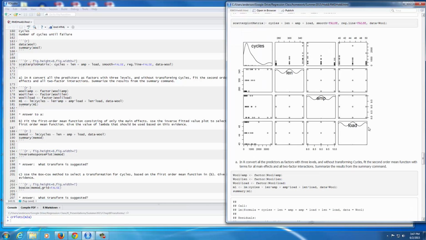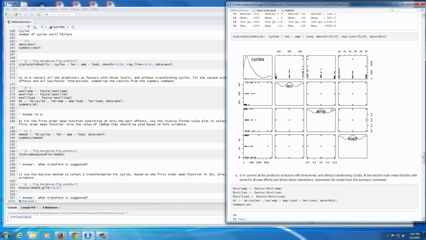And then there are some manufacturing settings called length, amplitude, and load. When you look at the scatter plot matrix of length, amplitude, and load settings against each other, you'll see they're laid out in a rectangular grid pattern in a designed experiment. And then in the top row of the scatter plot matrix, you'll see how length, amplitude, and load relate to our response variable strength or cycles.